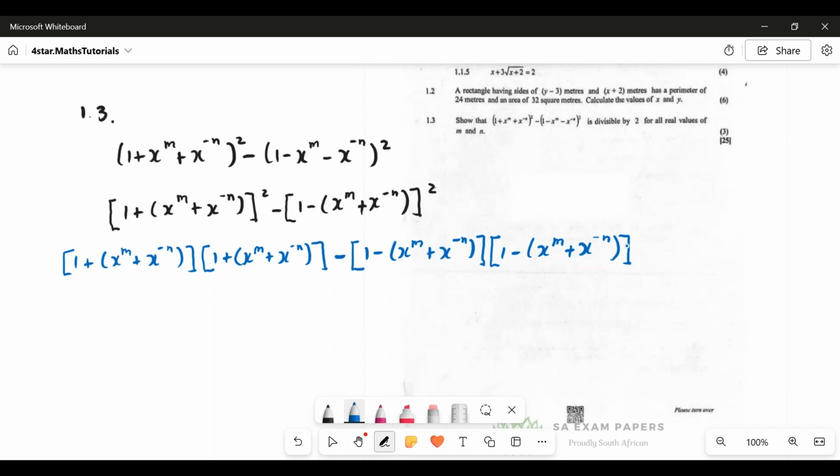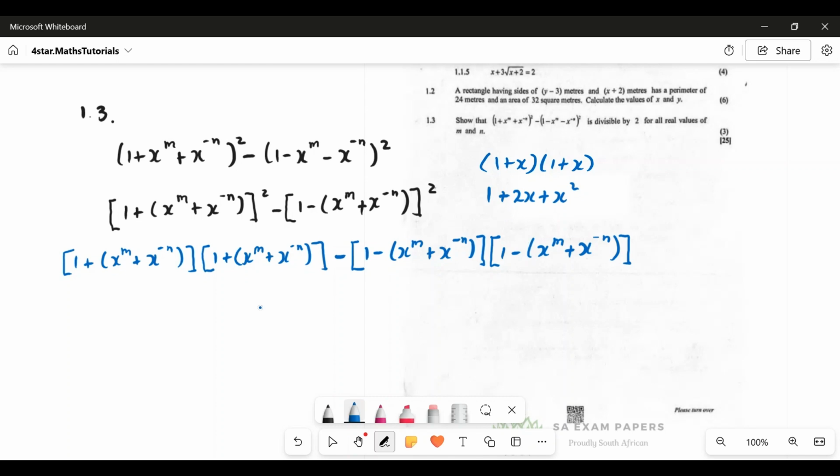Yes, something like this. Here we need to know how to multiply. If we check here where we are multiplying, this is a perfect square. So we know that if we are given 1 plus x times 1 plus x, we know the formula. It means we're going to have 1 plus 2x plus x squared.